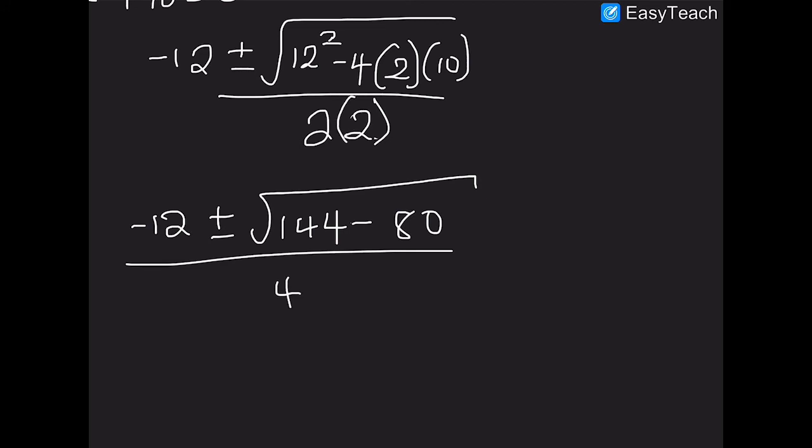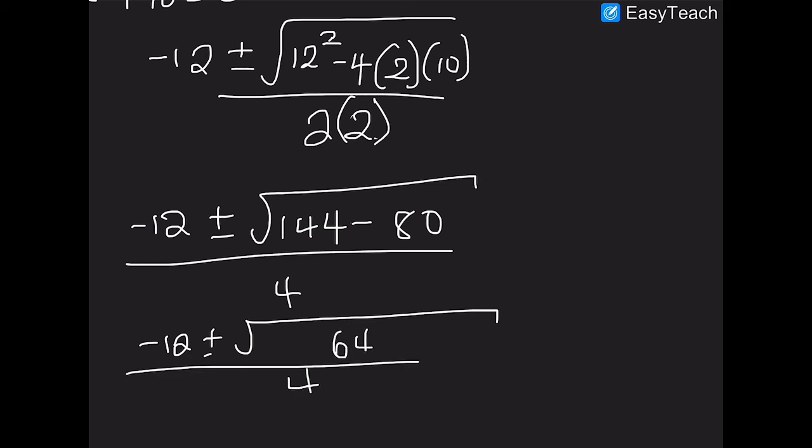So now we're going to have negative 12 plus minus square root of 144 subtract 80, which would be 64, I believe. We're going to divide it by 4. Now, square root of 64 is 8. Now, we're getting actual square roots, right? But there are times where we won't.